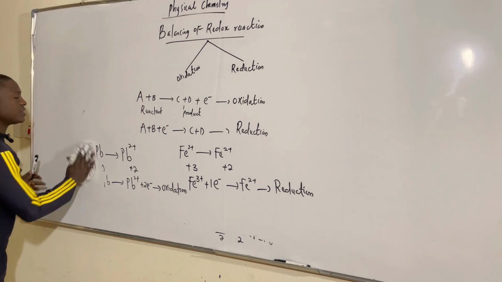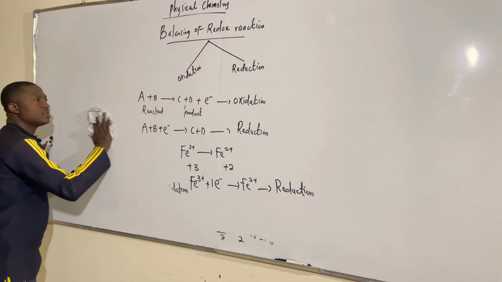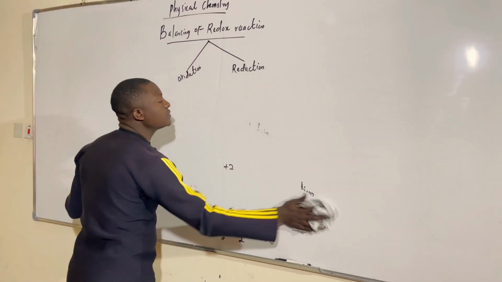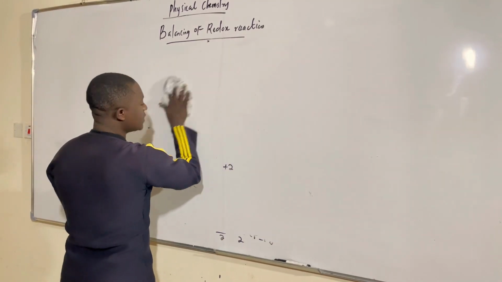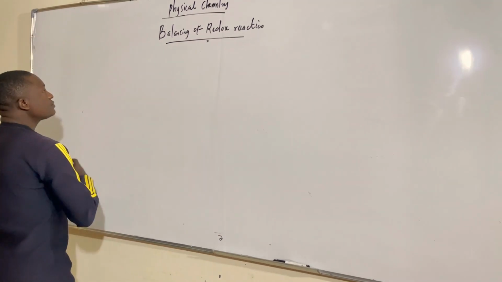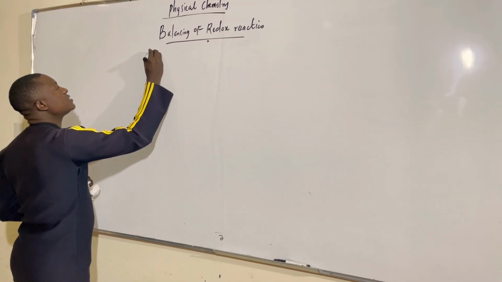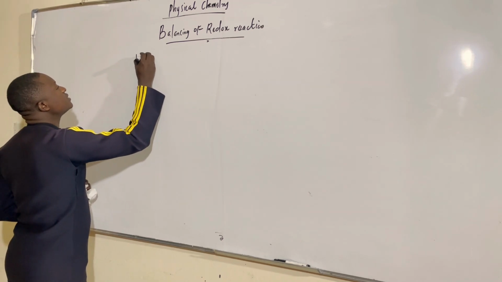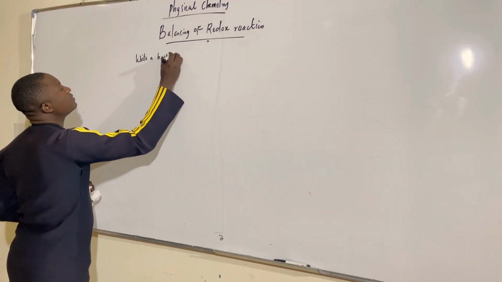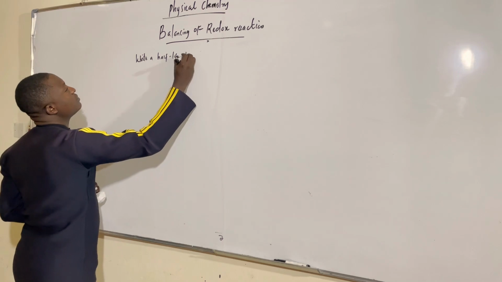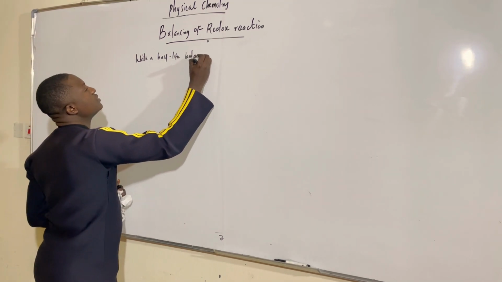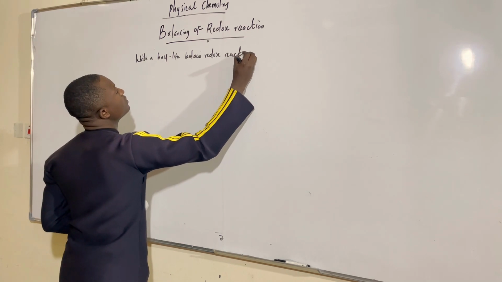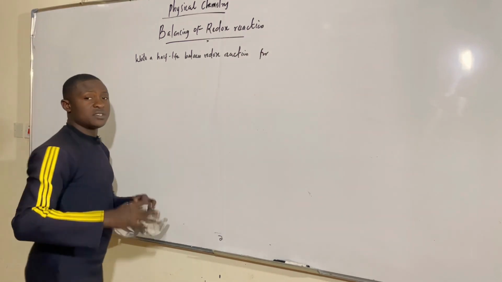So let's give a general example. Let's give one example. We are asked to balance half equations. We call it half equation. Let's balance this one. We just say balance, write a half equation for, balance redox reaction for, let me just give you general examples.